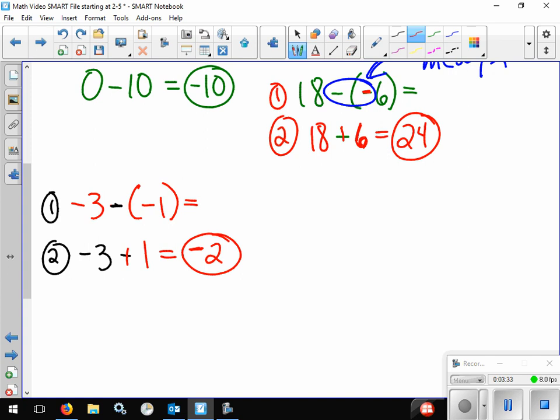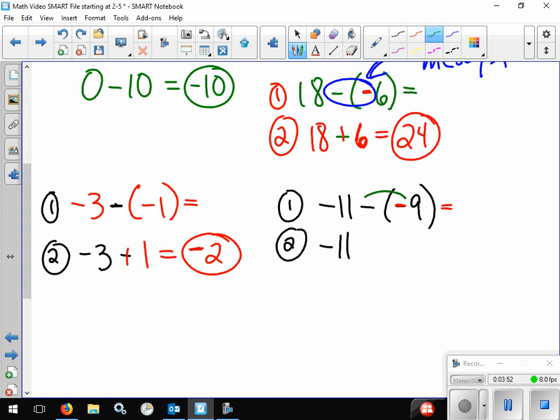Okay, let's try another one. We're going to write the problem first. We have negative 11 minus a negative 9. So you know we make the negative red. Step 2: we rewrite it because it's messy. Very sad.